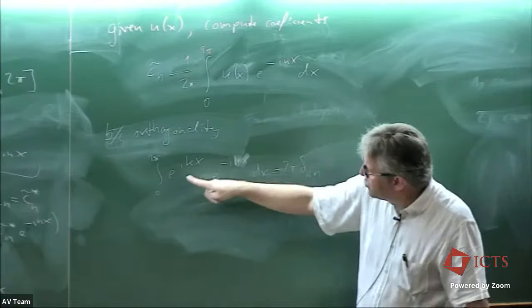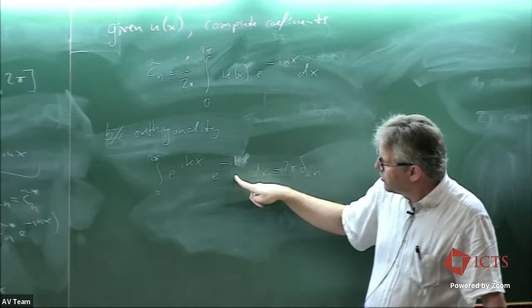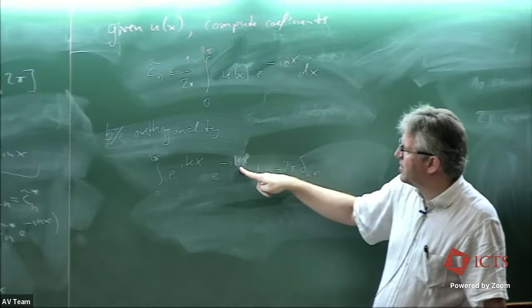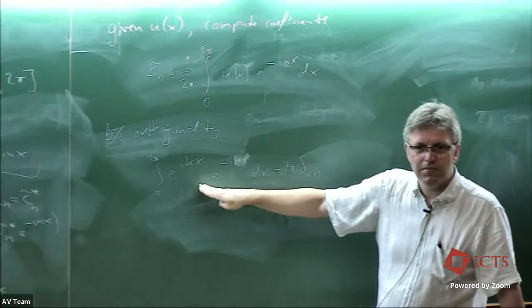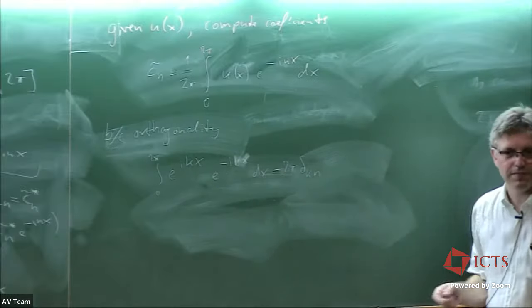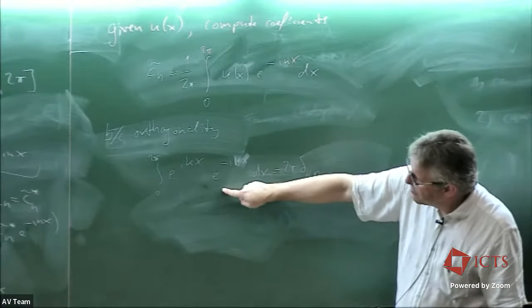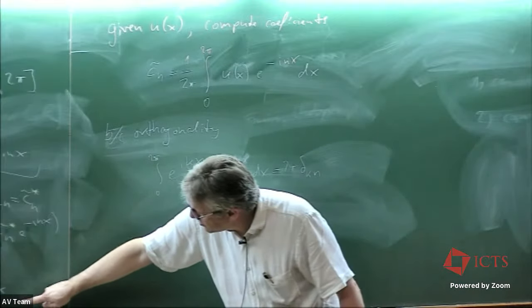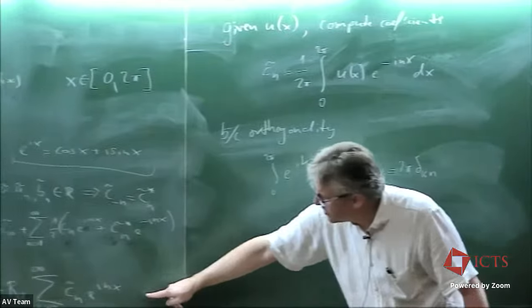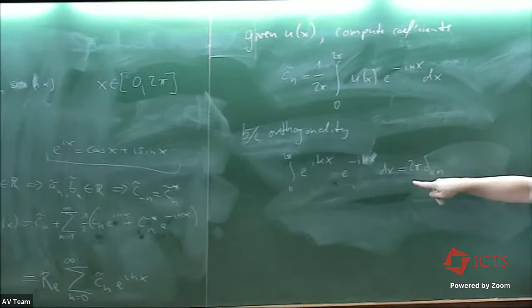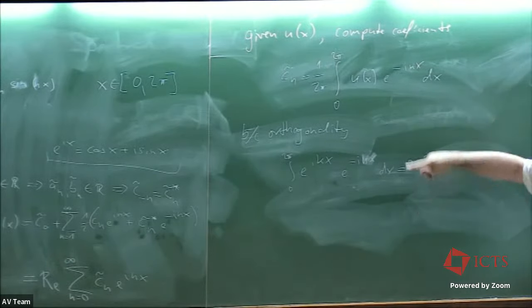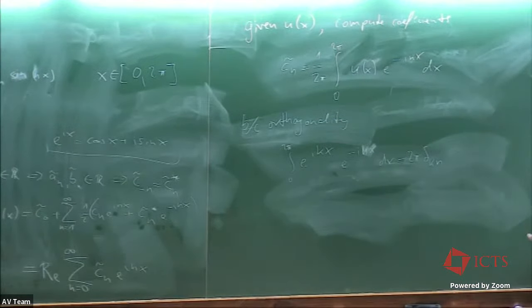If the two things are totally in phase, you get e to the ikx times e to the minus ikx. Well, everything cancels away, you just get 1, and integrating 1 over 2 pi gives you the 2 pi. And it's this thing here where you take your series, you multiply by e to the minus ikx, you integrate, and then the orthogonality makes the coefficient pop out because the basis functions turn into delta functions. So that's the way you do this in Fourier series.